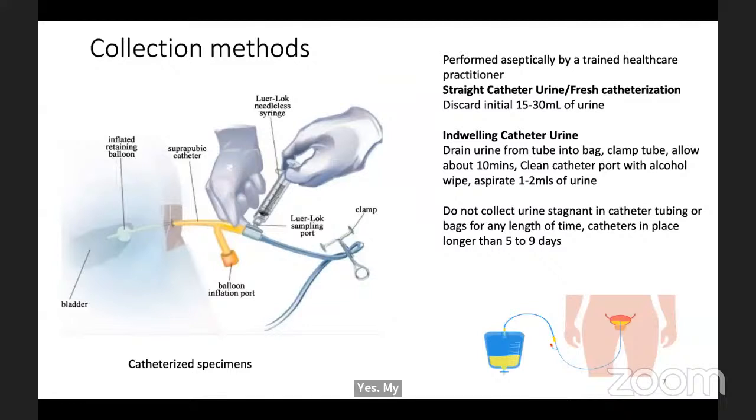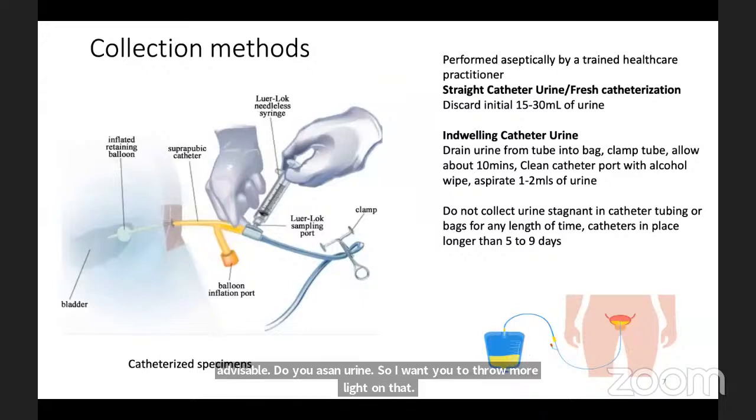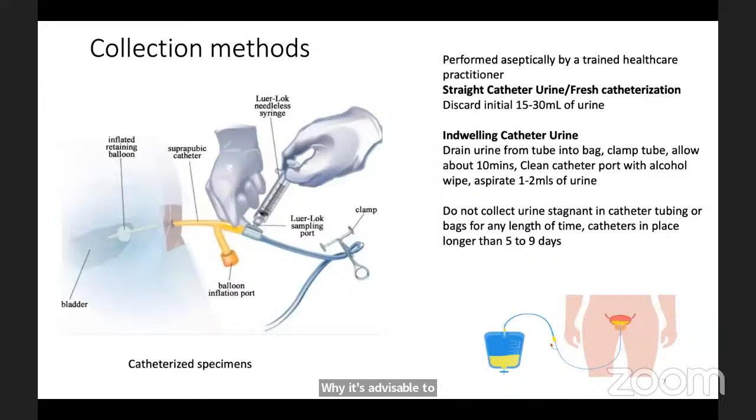My question is with regards to diagnosis of pyuria at the bacteriology lab. In your presentation, you said it is not advisable to use a spun urine. So I want you to throw more light on that. Why is it advisable to use unspun urine? And then my second question is with streaking.